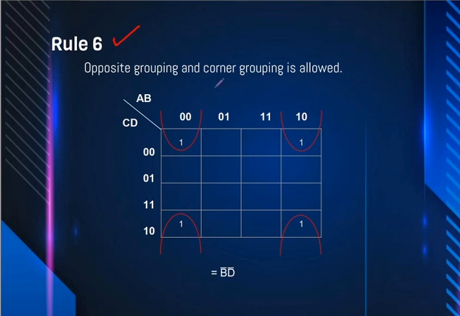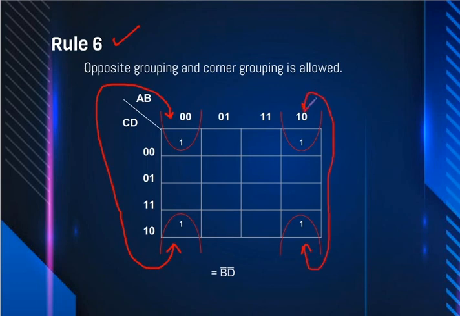Okay. For example, here we have one variable and here we have one variable. We have to learn that this corner is mutually connected with this one, this corner is mutually or virtually connected with this one, same with this, and same with this.